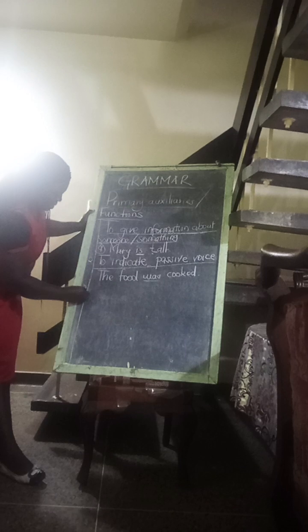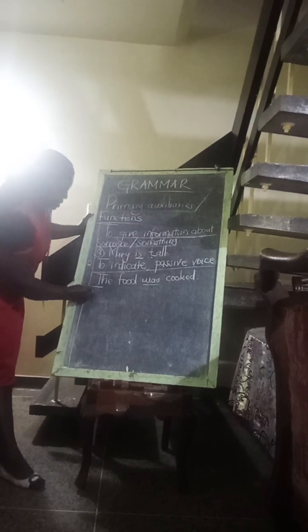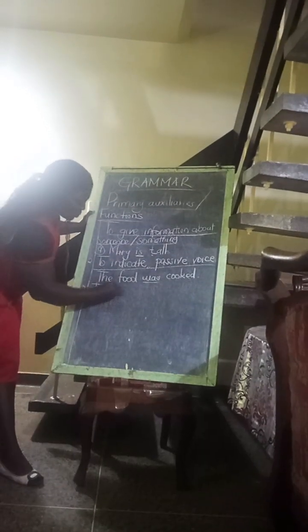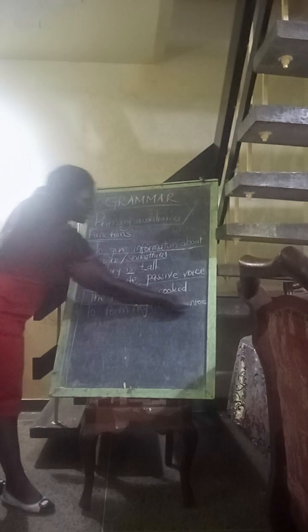So we go to number 3. We use primary auxiliaries to form negative in sentences.